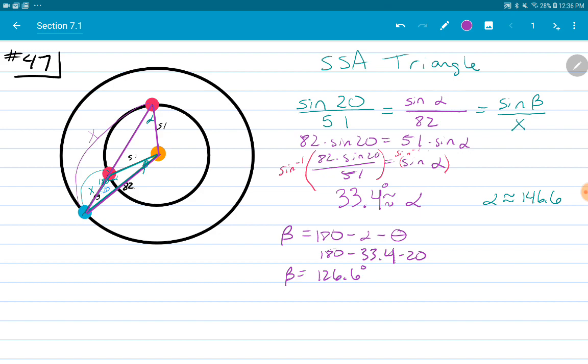And if that's true, now I can get x. So now I have my law of sines, my sine of alpha is 33.4. And across from that, I have the 82. And now sine of beta is sine of 126.6 over, across from beta, we have the big purple X. So I'm doing this part of the law of sines right now.